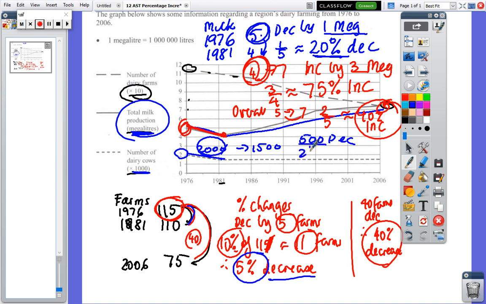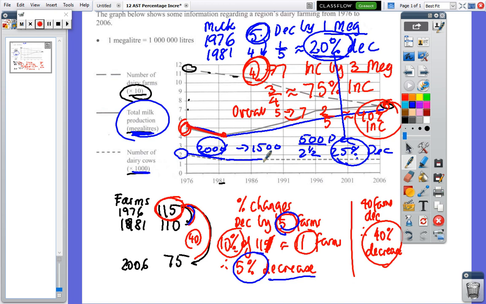There's 2.5, so that's a 25% decrease. So the number of farms has decreased by 5%, milk has decreased by 20%, and the number of cows has decreased by 20%. There's a definite relationship between those two numbers, so there's definitely a correlation there.